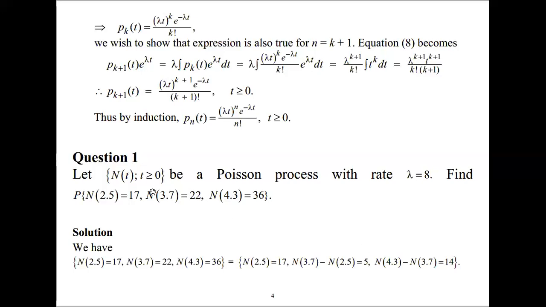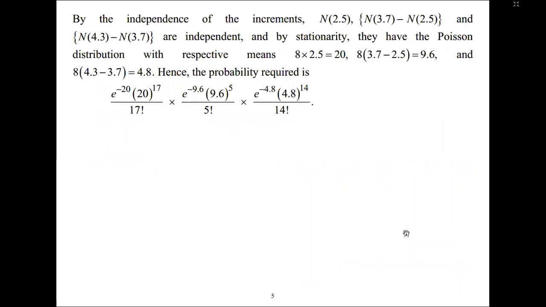So this set can also be written as: from 0 to 2.5, 17 events occur; from 2.5 to 3.7, 5 events occur; from 3.7 to 4.3, 14 events occur. So we want to find these probabilities.